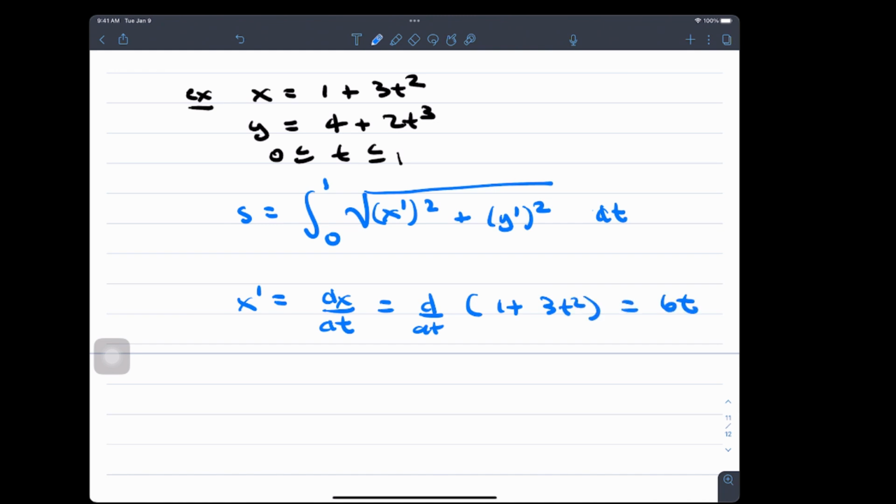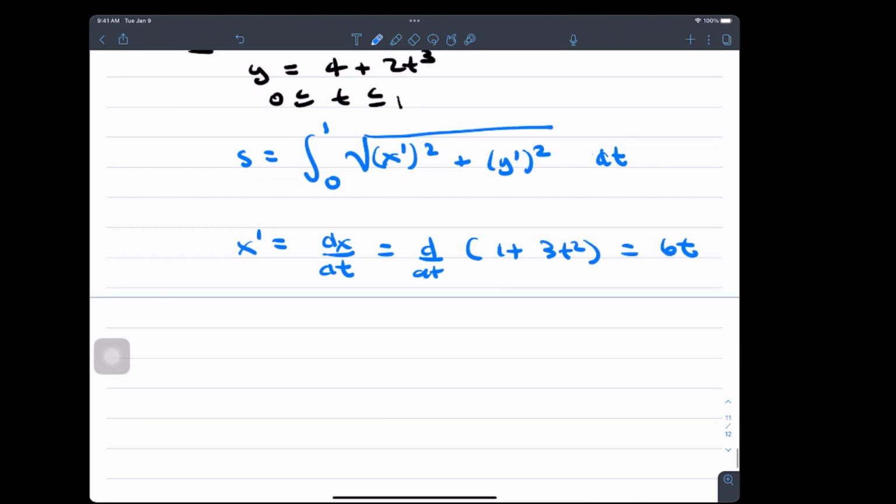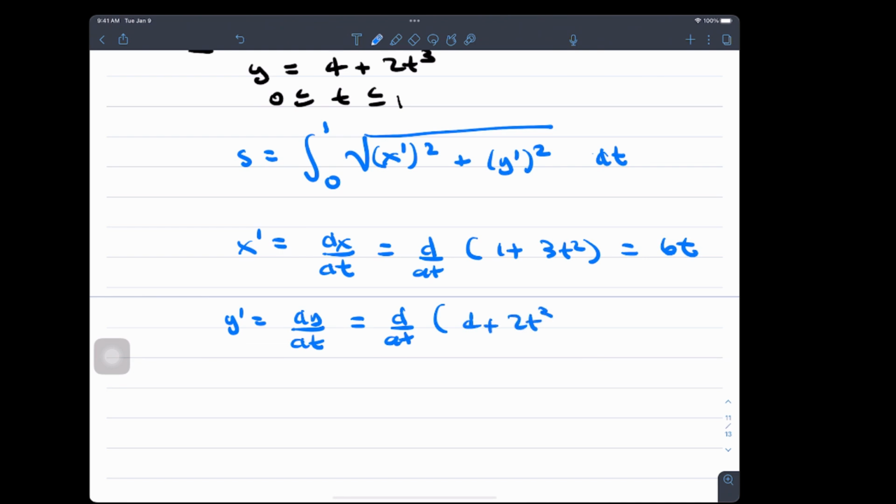Is that right? And then y prime is dy dt, which would be d dt of 4 plus 2t cubed, which is 6t squared. Okay.